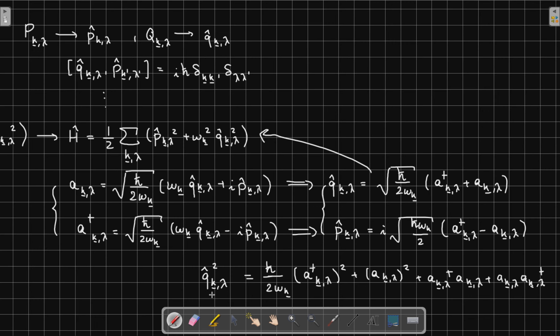And in a very similar way, I can also find p_kλ squared. I'll leave that as an exercise, so this is just an example.